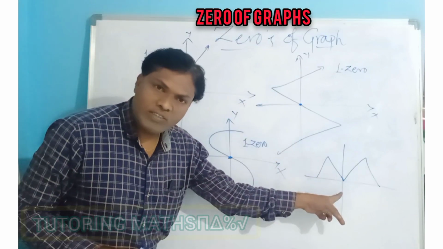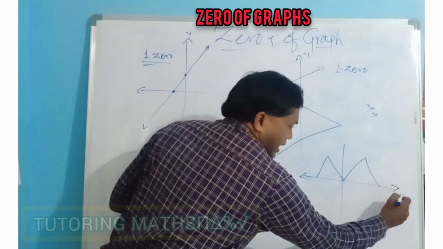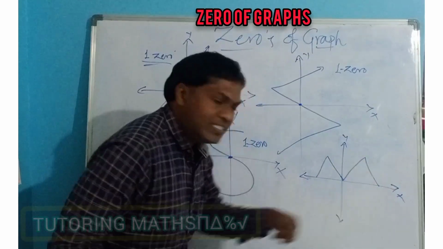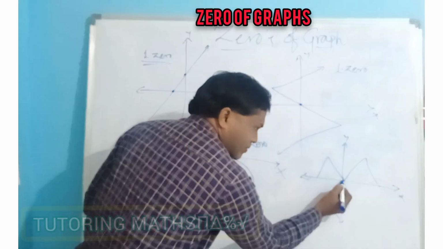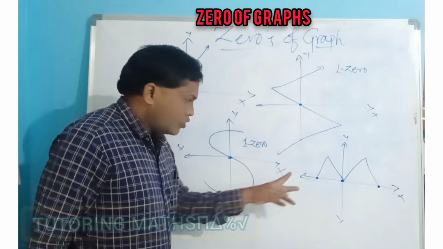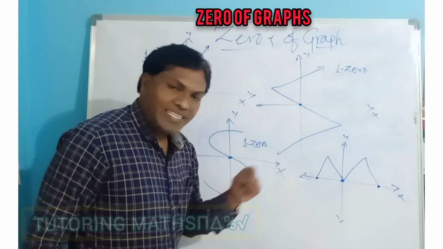Now let's go to the fourth case, and this is graph x-axis and y-axis. Now this graph is intersecting x-axis at how many places? Let us see. This. So how many places? 1, 2, 3.